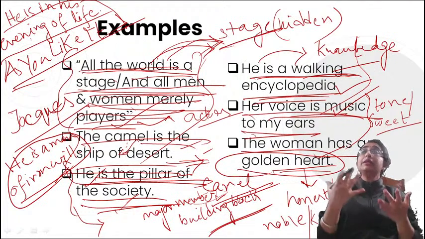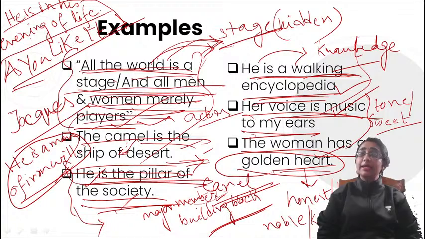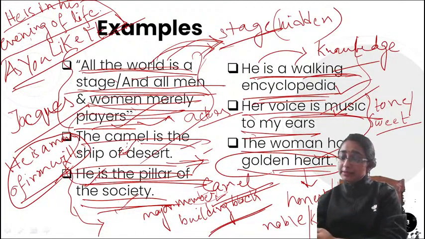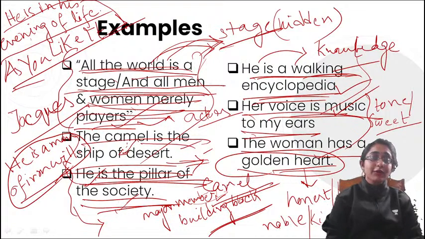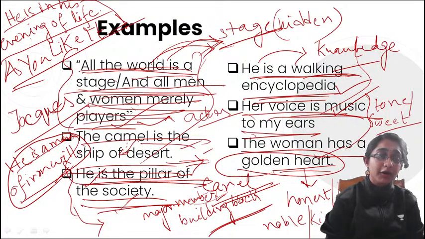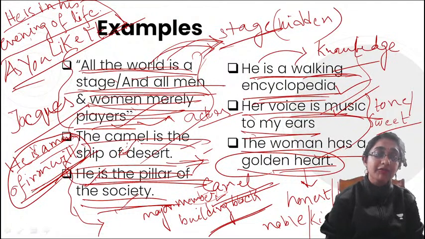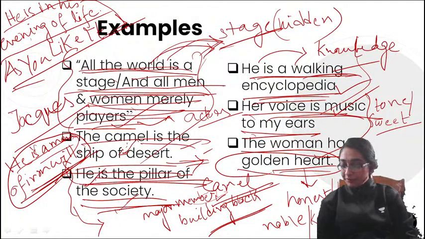That means he is a very determined person. He has very strong willpower. That is the point of comparison. The strength of iron is compared with the strength of a person's will, right? So he is a man of iron will. This is also an example of metaphor.